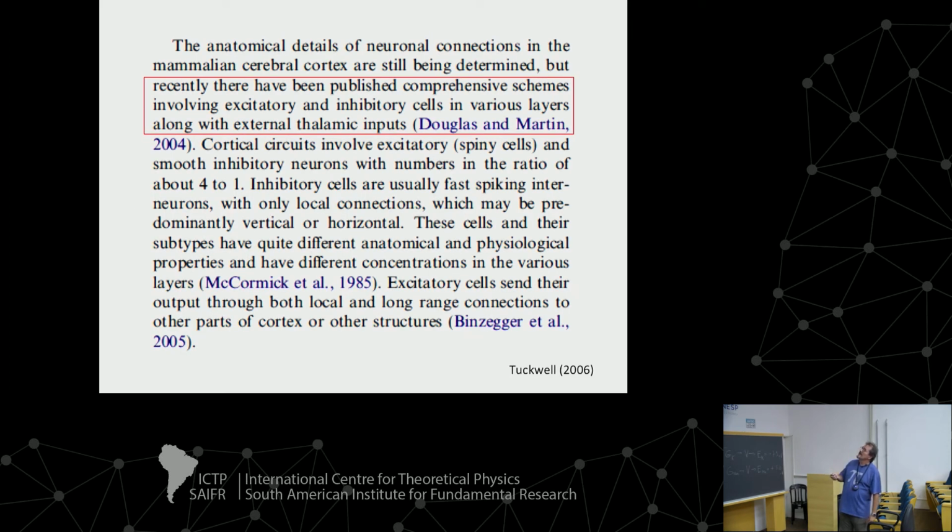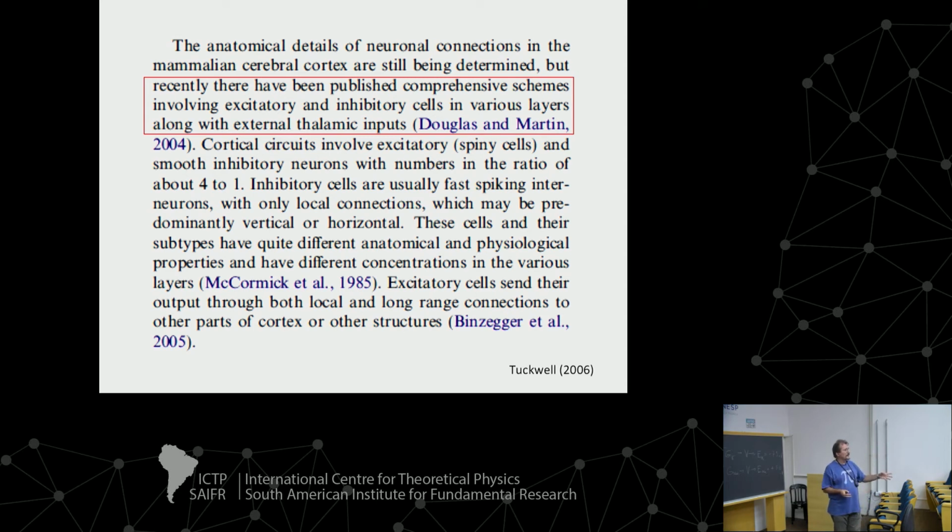And more recently, there have been several studies that allowed us to construct a comprehensive scheme involving excitatory and inhibitory cells in various layers, along with external thalamic inputs. The effort of a whole generation of neuroanatomists, neurophysiologists, and other neuroscientists resulted in the situation that we have now, in which we have access to very detailed information about how cells in local circuits are connected.